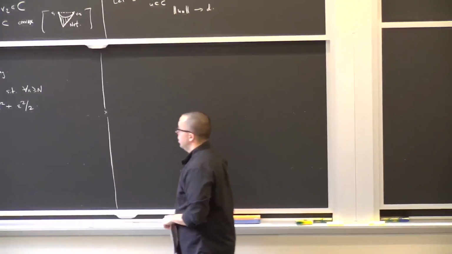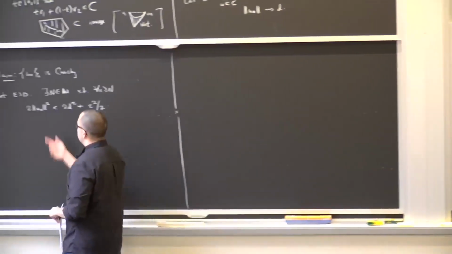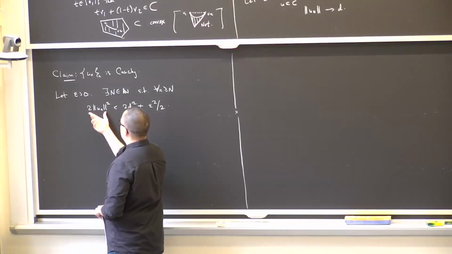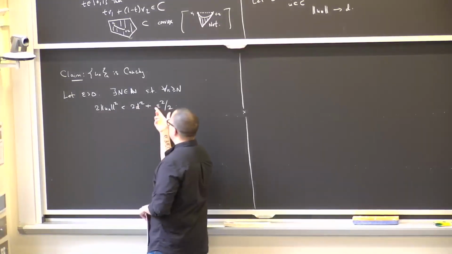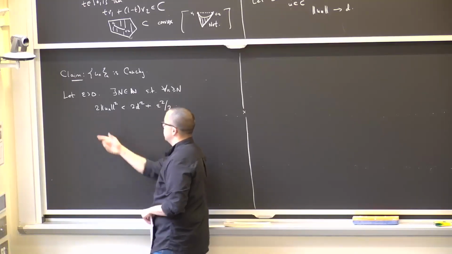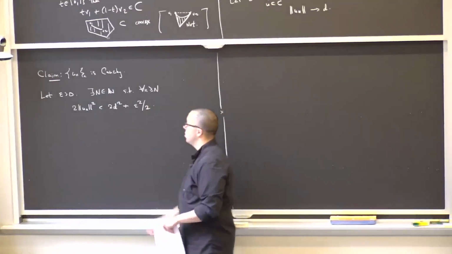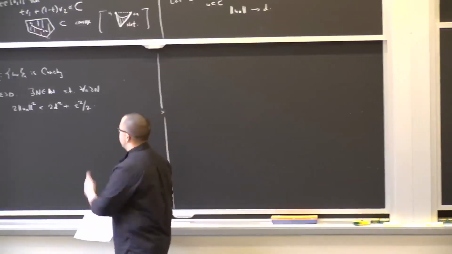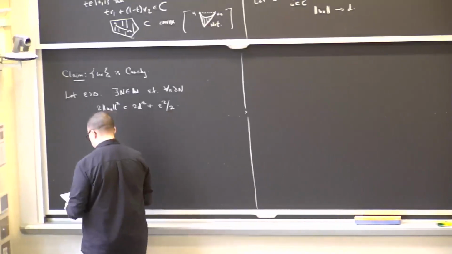Right? So this thing here is converging to 2 times d squared as n goes to infinity. So if I perturb 2d squared by a little bit, then since this is converging to 2d squared, that will be less than this for n sufficiently large. Okay? Now I claim this capital N works.